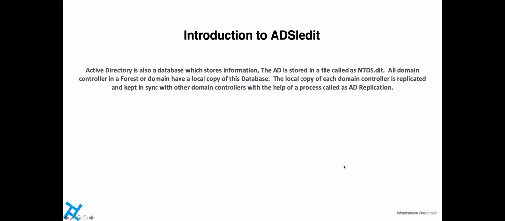So that's the path of the ntds.dit file. I'm going to quickly take you to the domain controller and show you the ntds.dit file. But before I go there, let me again tell you that there is a local copy of this file on each domain controller, and this file is kept in sync with all the other domain controllers in the local domain as well as in the forest via a process called Active Directory replication.